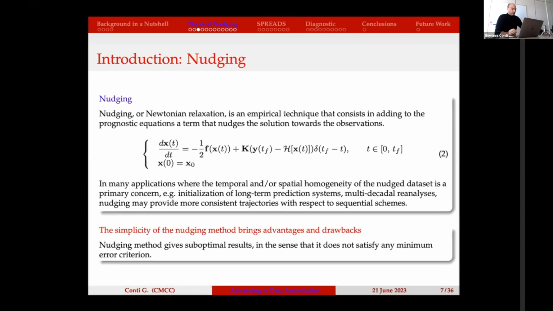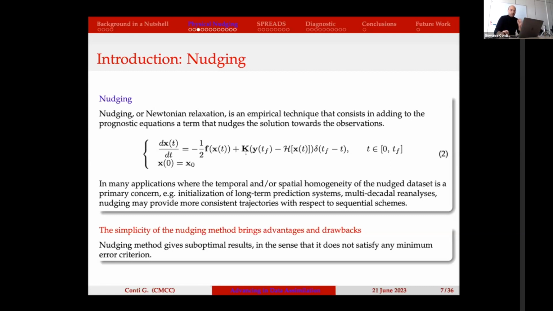So for this reason, I'll start by considering another data assimilation scheme, that is nudging or Newtonian relaxation. It's really old, and what we do here is consider our dynamical system. So x here is our state vector, and f of x is the nonlinear dynamics of our system.